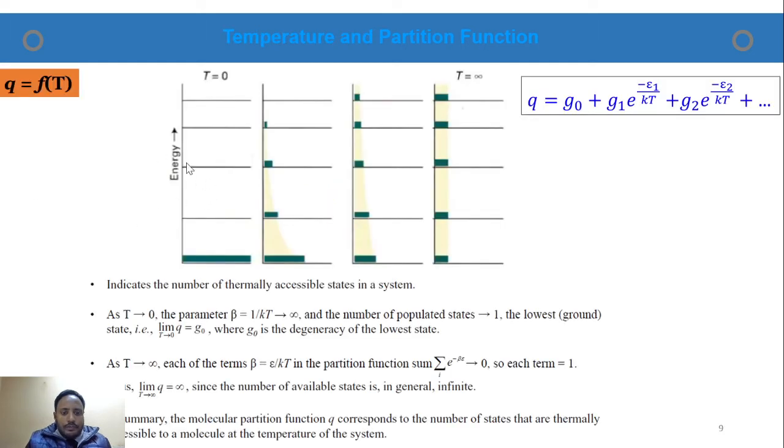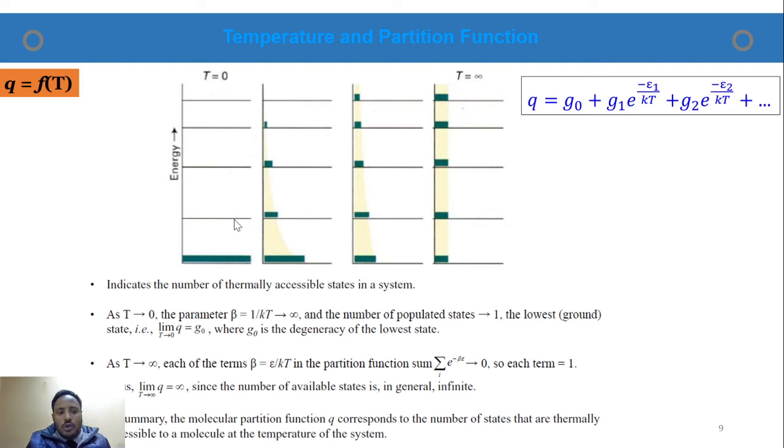Here we can see the relation between the partition function q and temperature T. Suppose the temperature goes to absolute 0 Kelvin, then what will happen? Then most of the molecules will occupy the lowest energy level, and so the other energy levels will be empty.